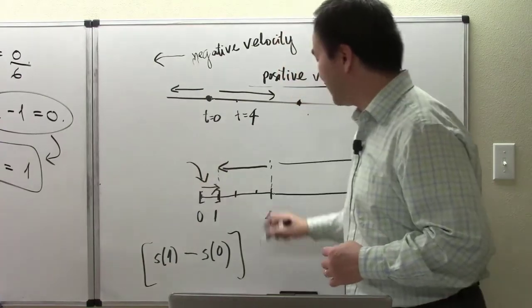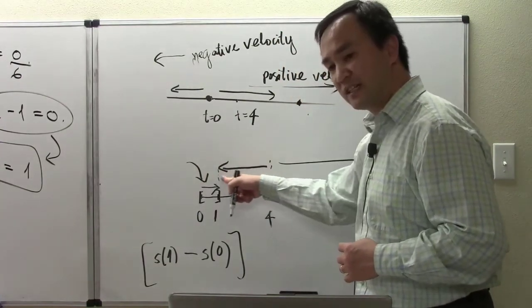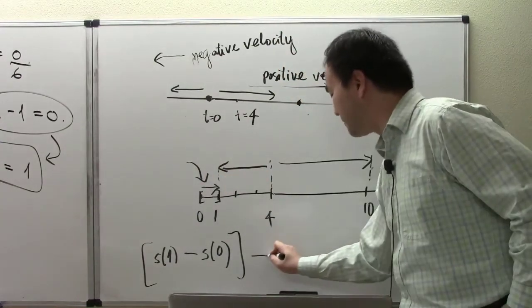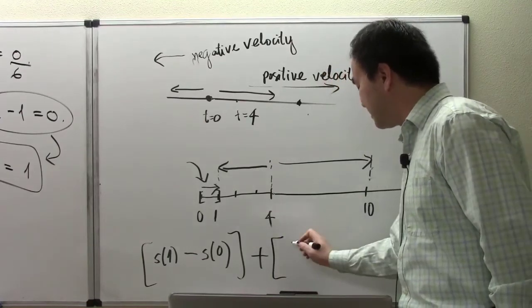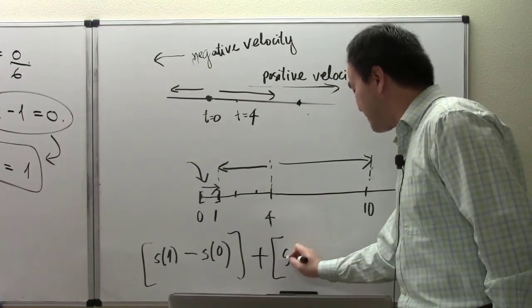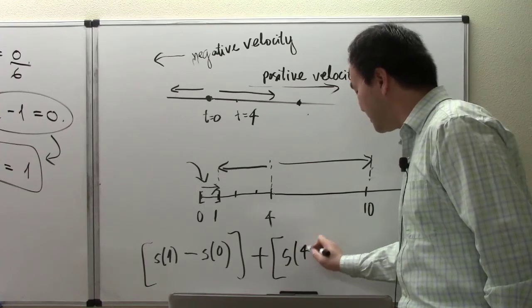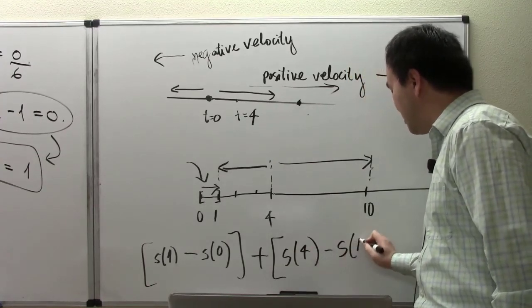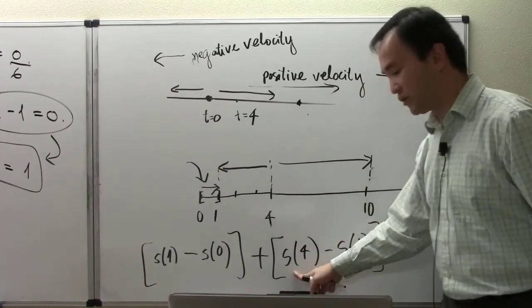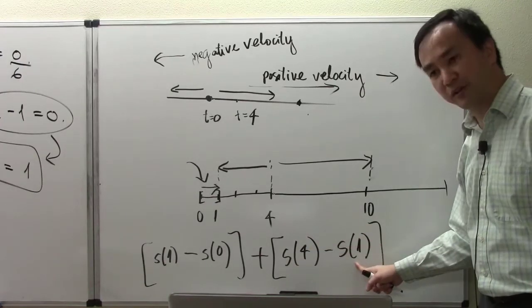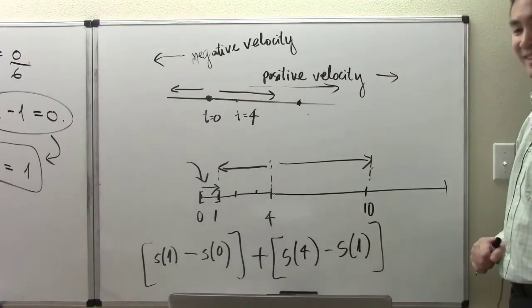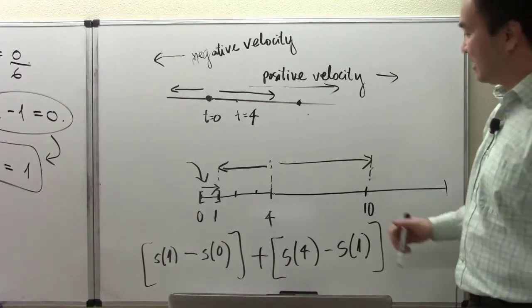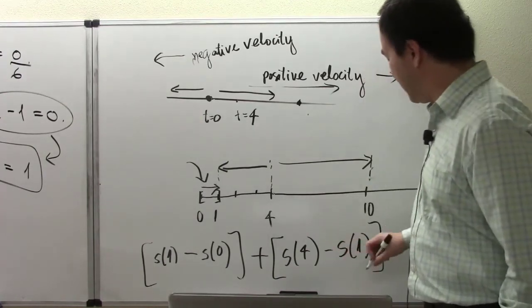And then now I'm going to add the other distance. The other distance is simply the amount of distance from time equals 1 to time equals 4. It's how much position at time equals 4 minus how much position at time equals 1. Along that way you can see where I'm going for the next.